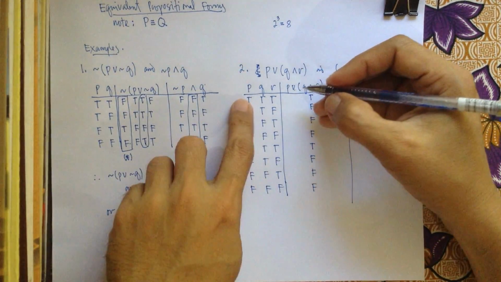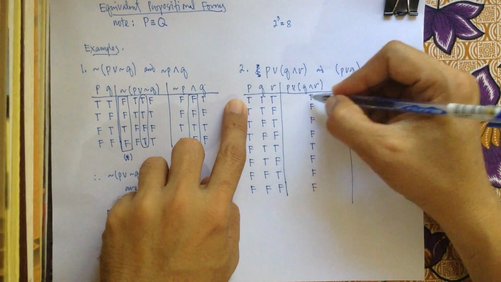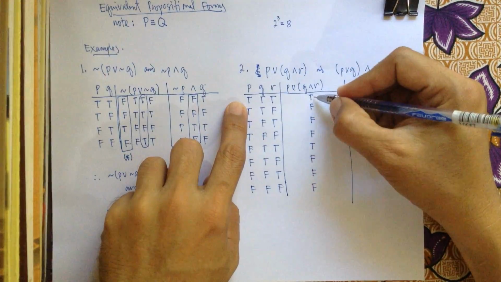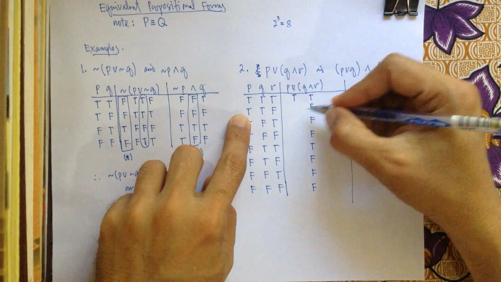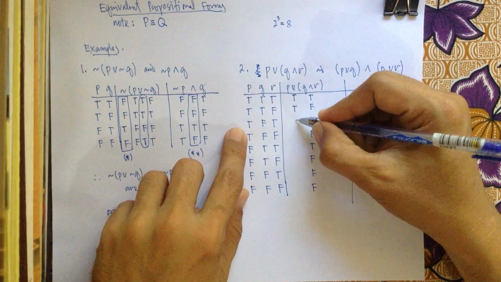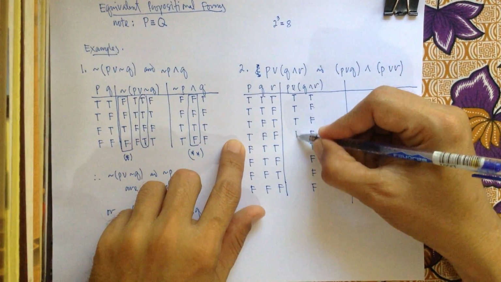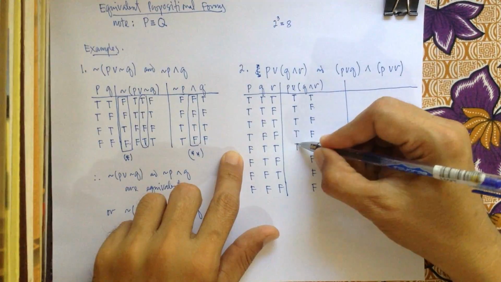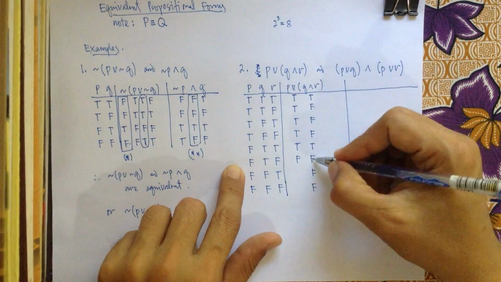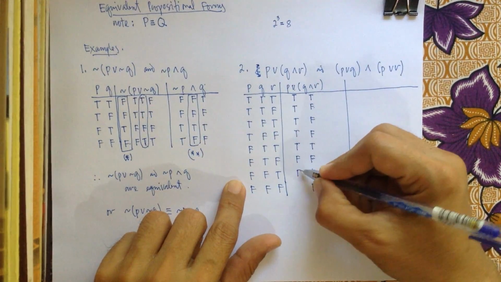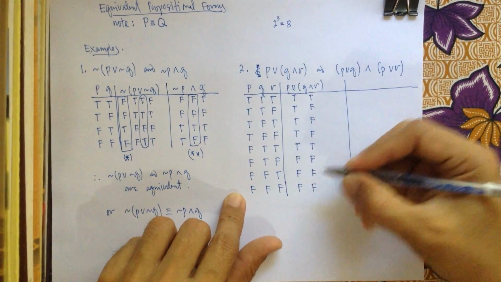So we have P or Q and R: true or true gives us true. True or false is true. This is true, this is true, this is true. Now this one is false, right? False or false is also false, and this is false.